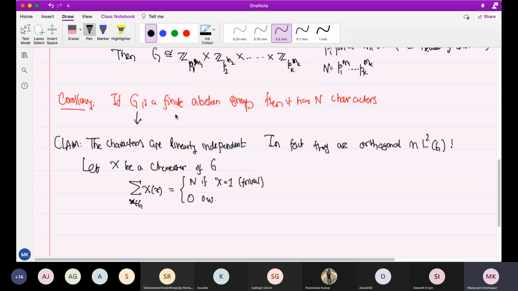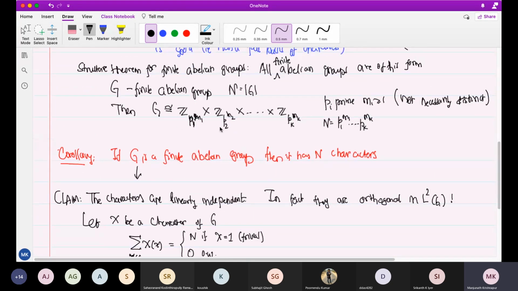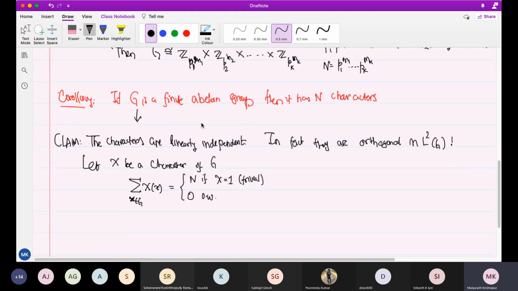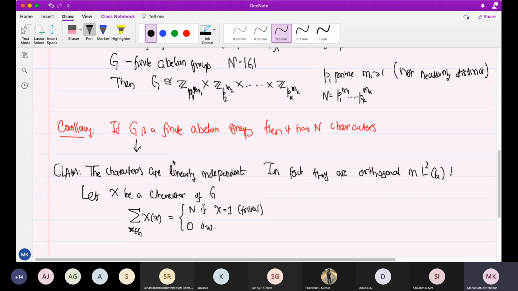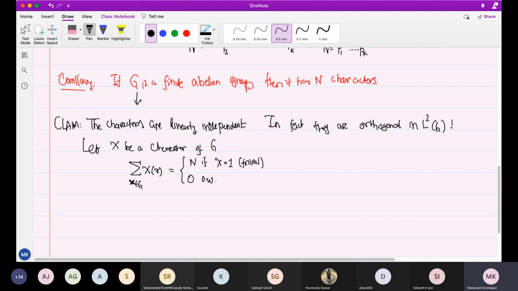Here, I'm not actually using that it is in the structure form, or the sums of roots of unity directly, that these things come from roots of unity and powers and so on. Just the fact that they are homomorphisms shows that this sum has to be n if it is trivial, 0 otherwise. So the reason is nice.